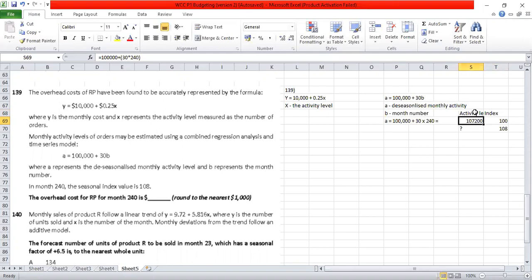So we are moving from A to X. Since we include the seasonal index, A becomes X. A is only when it is deseasonalized. So first we make it the seasonalized monthly activity level, which is X. X will be 107,200 into 108 divided by 100.